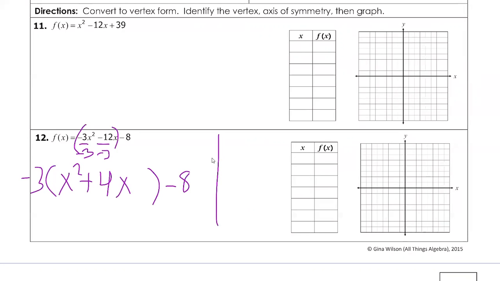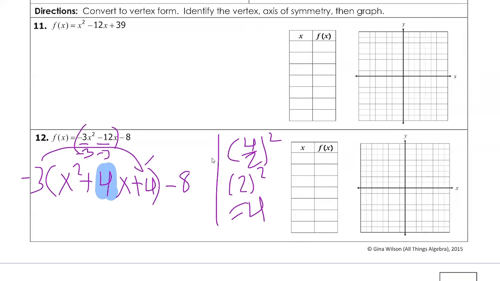We got to complete our square with our new b. So my 4, so 4 over 2 squared, that would be 2 squared or 4. So I add a 4. But remember, this isn't a 4, it's really a negative 12 if I distribute that negative 3. So I really subtracted 12 when I put that there.